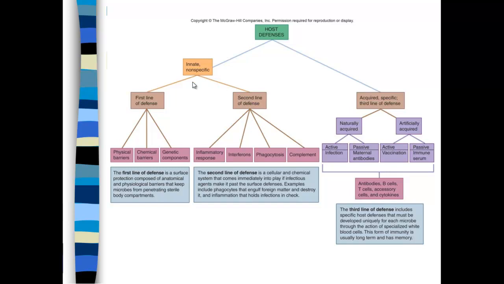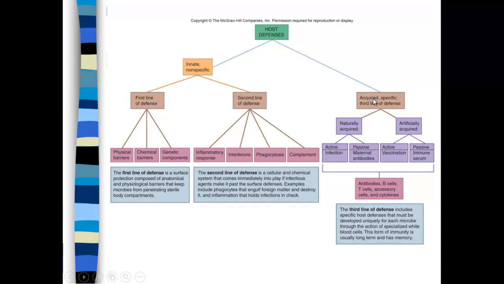I'm sorry, they don't include B cells and T cells, but this is very nonspecific. It includes the inflammation that occurs associated with pathogens, interferons, phagocytosis, and a whole cascade called complement.